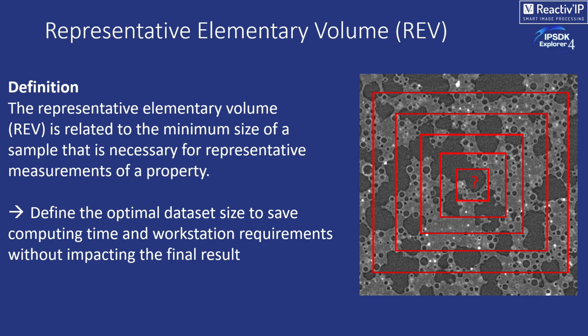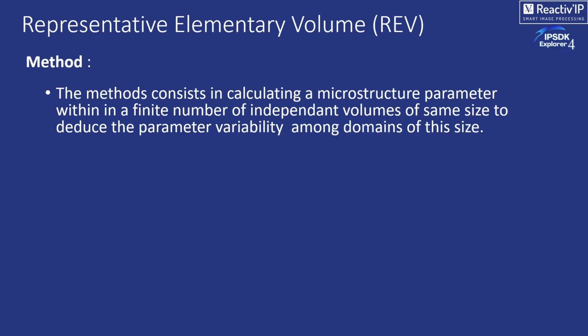Should you make a 4K acquisition or should you make only a 1K acquisition? And if you already have some pre-acquired data sets, like if you went to ESRF, for instance, or any synchrotron, should you analyze a 1 terabyte data set, or maybe 100 megabytes would be enough? So those are two questions with the same type of need.